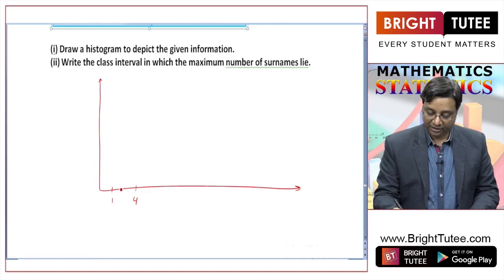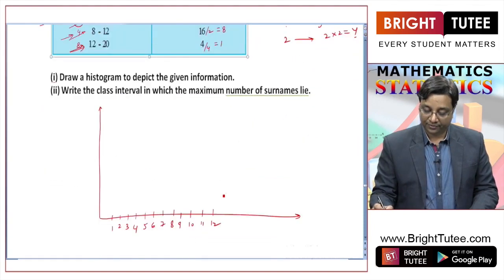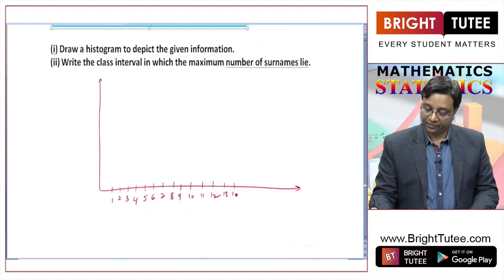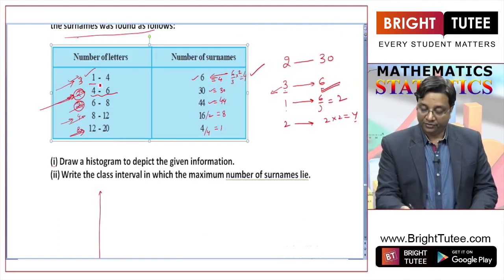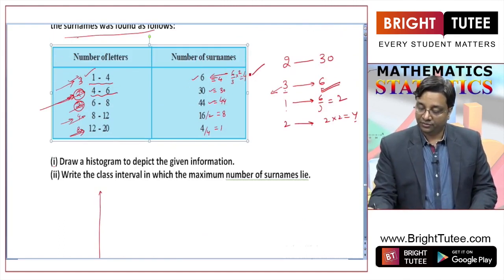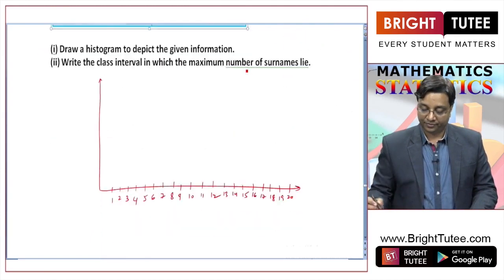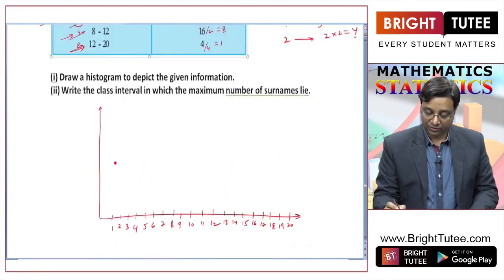So you can do it like this: 1, 2, 3, 4, 5, 6, 7, 8, 9, 10, 11, 12, 13, 14, 15, 16, 17, 18, 19, and 20, right? So between 1 to 4, there were 4 surnames.